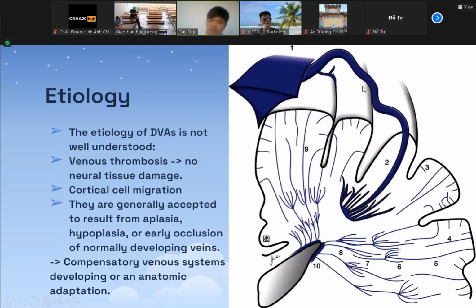So the veins in the superficial region run and collect the blood flow in order to compensate for the hypoplasia. I think of the DVA as a compensatory venous system developing as an anatomic adaptation, more than a vascular malformation, as we earlier understood.